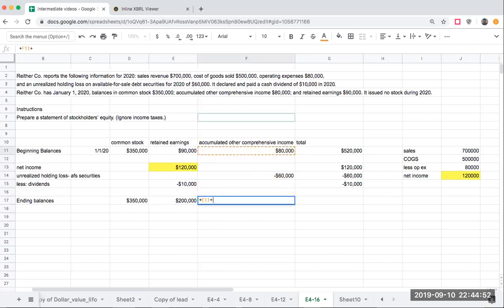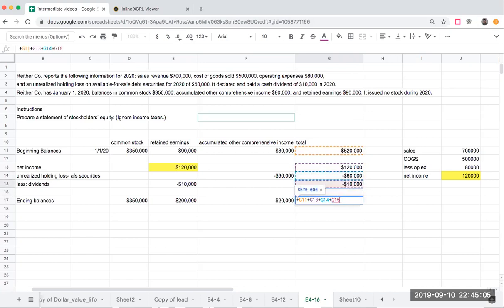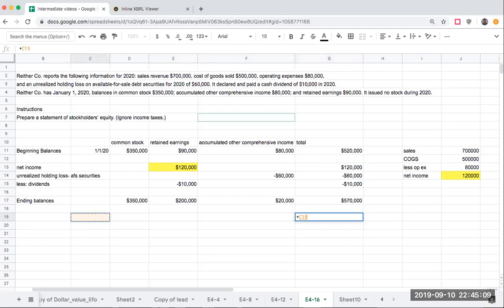My accumulated other comprehensive income is now only going to be 20,000 because I had a loss on my available for sale securities. And my total at the end of the day, as far as my owner's equity goes, is going to be 570,000. When I add up 350 plus 200 plus 20,000, it should be that 570,000.